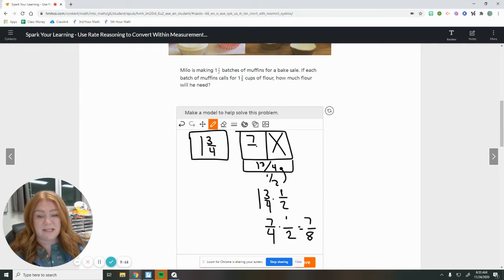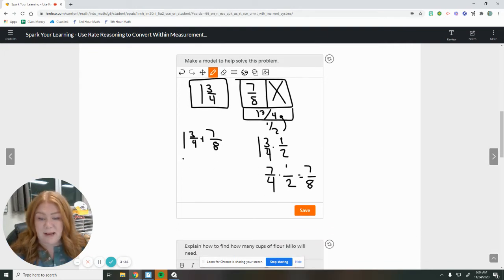So if I have 1 3/4 and I want to add on another 7/8, right now I have fourths and eighths, and I cannot combine those like they are. So I need to make common denominators, and I know 4 goes into 8. So I'm going to make both of my denominators be over 8.